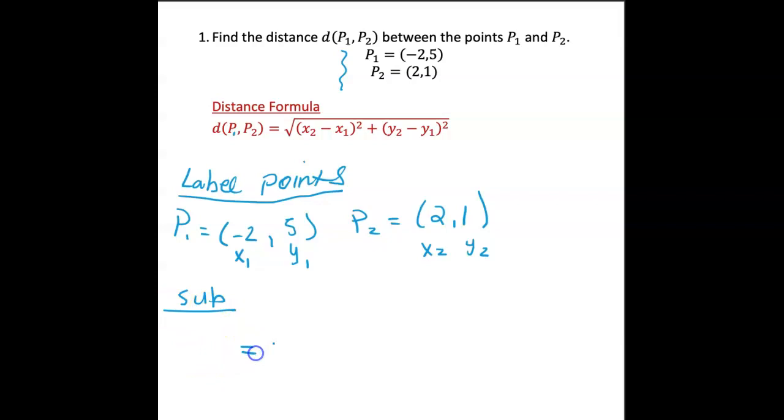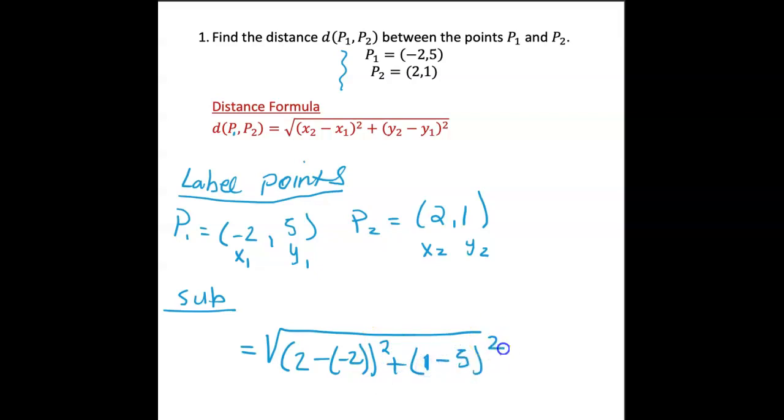Okay, so I have the square root of (x2, which is 2, minus x1) squared plus (y2 minus y1) squared.